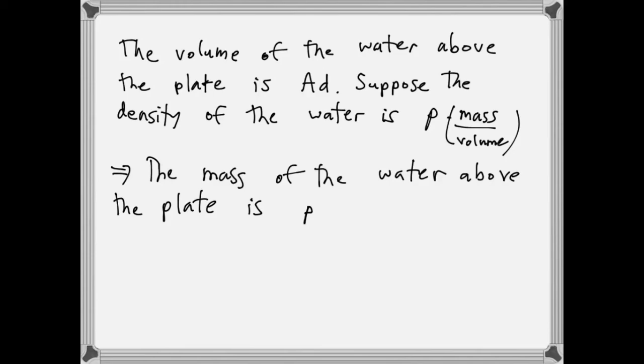So it's density times volume, and so it's just going to equal density times A times D. So we're almost there. We've talked about the mass of the water, but now we want to talk about the weight of the water. In other words, how hard is the water pressing on the plate?